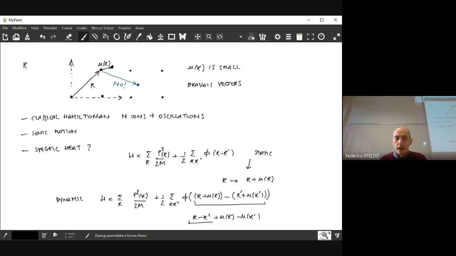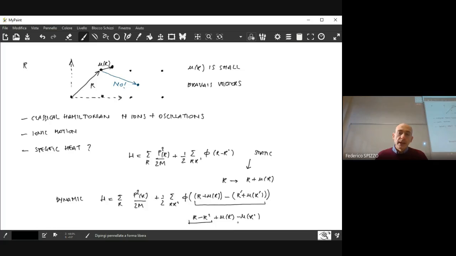So r minus r prime is the initial value of the distance between the ion in position r and the ion in position r prime. Differently, r minus r prime plus u of r minus u of r prime is the difference between their positions in the approximation where each of those ions is able to oscillate with respect to the equilibrium position.